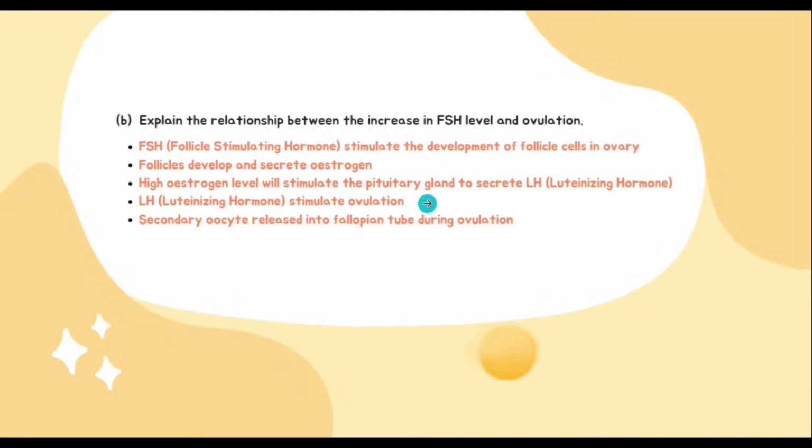And then what happened during ovulation? Secondary oocyte is released during ovulation. So that is how the follicle stimulating hormone level relates to the ovulation process. You need to answer this question step by step. Alright, so we have 5 points here. Maximum is 3 marks.